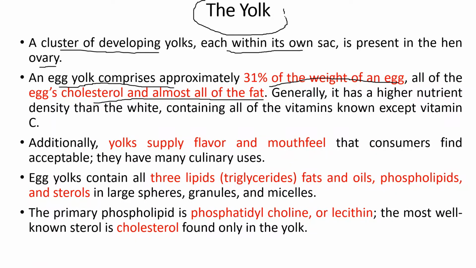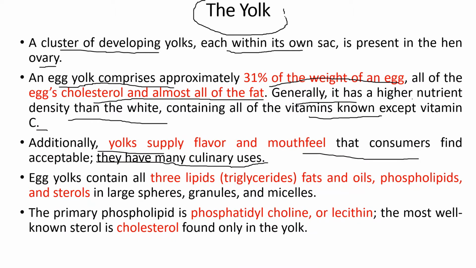So it mainly contains the fat and fatty acids and not much protein. Generally it has higher nutrient density than the white, containing all the vitamins known except vitamin C. Additionally, yolk supplies flavor and mouthfeel that consumers find acceptable, and it has many culinary uses.